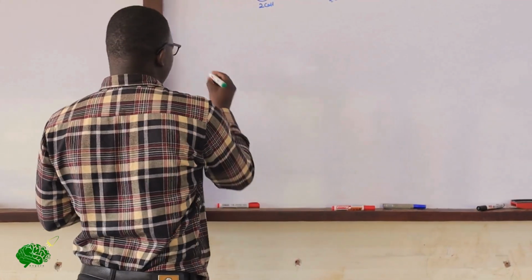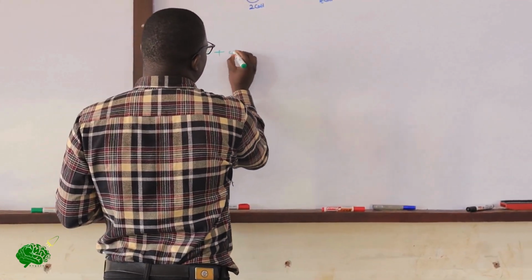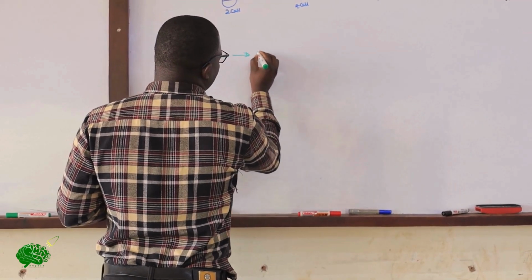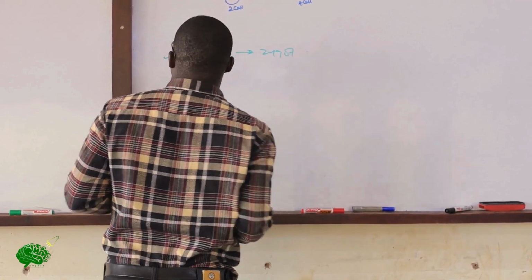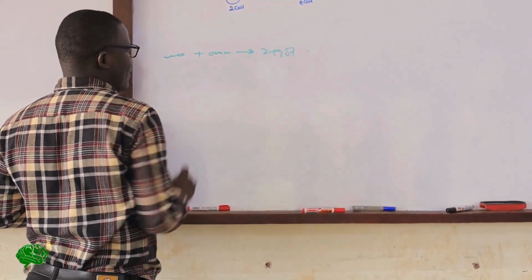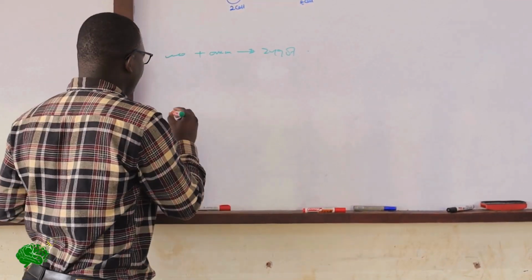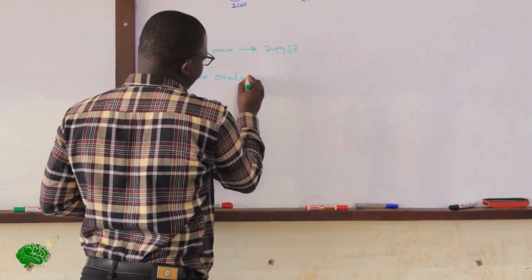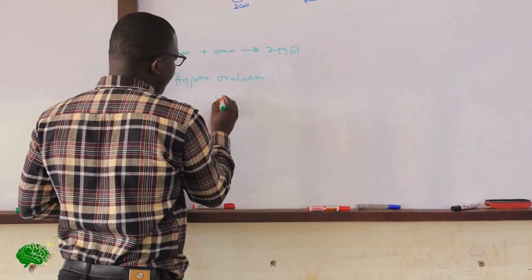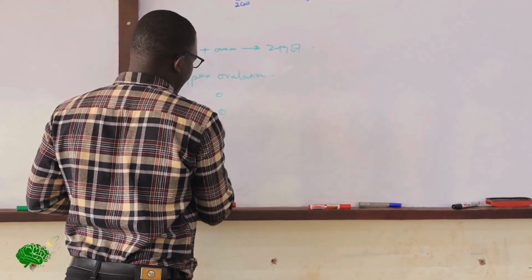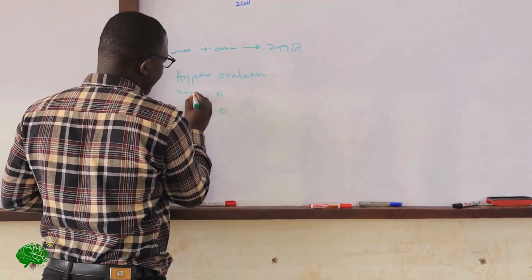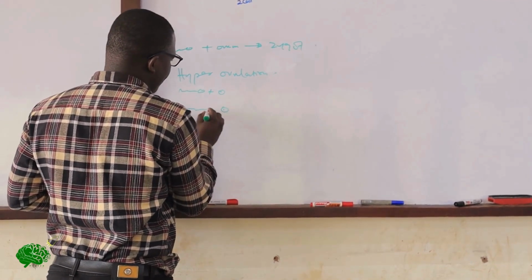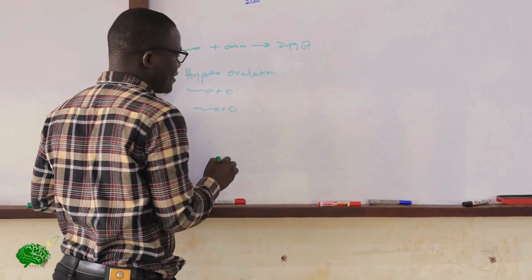During fertilization, a sperm plus an ovum forms a zygote. Now, when we have two ovum released during ovulation, what we normally term as hyperovulation, we have two ovum. So these ovum will be individually fertilized by different sperms.